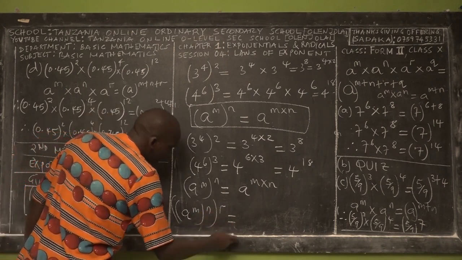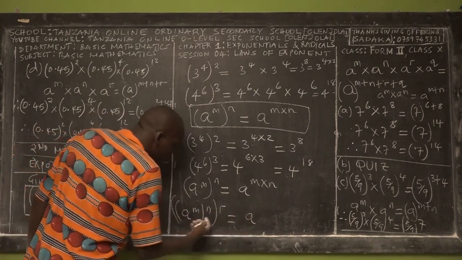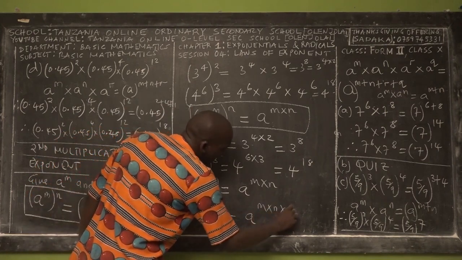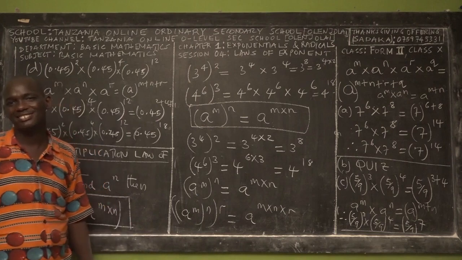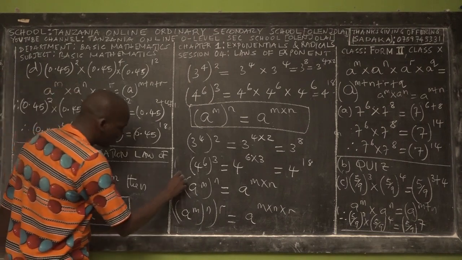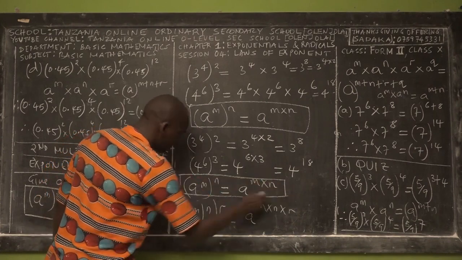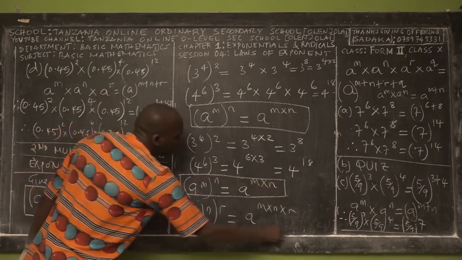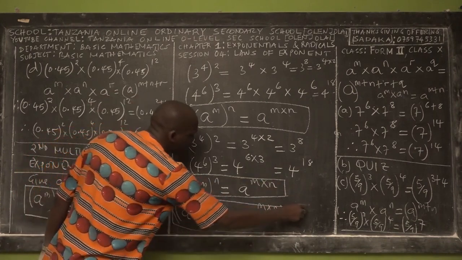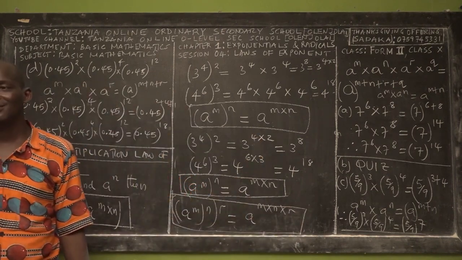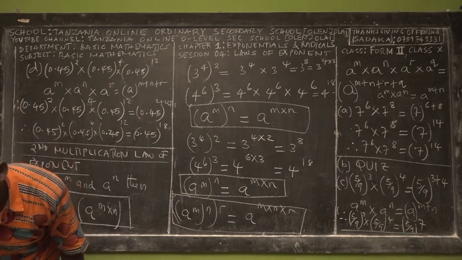For this case, you just take a power m times n times r. So nothing difficult. Whether you find a question with 2 exponents like this, or with 3 exponents like this, don't worry. Just apply the same laws and keep the questions, and then you are waiting for your marks. Are we together?